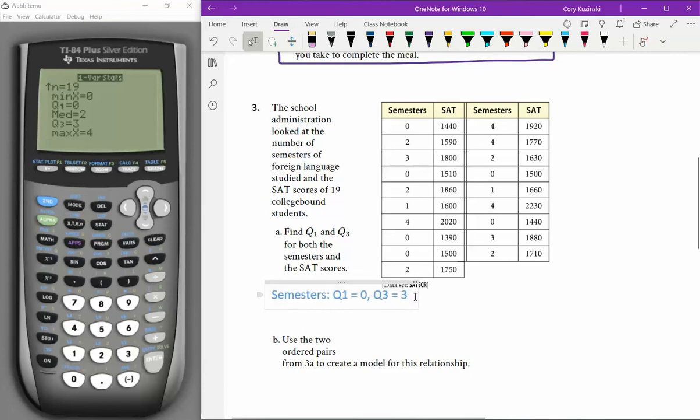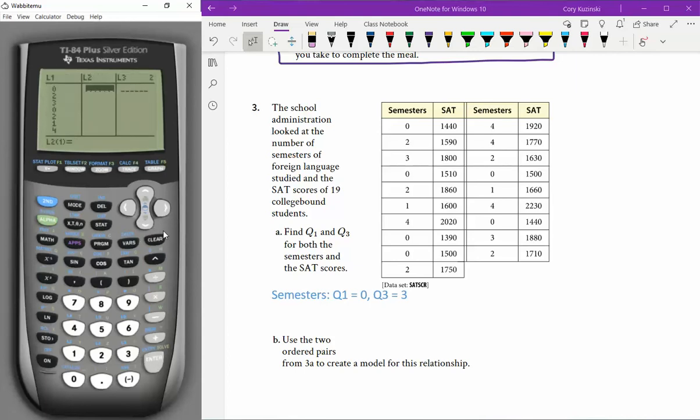All right. What about SAT scores? This will take us just a little bit longer. Let's go stat, over to edit, then over to list 2, and we'll put these SAT scores in: 1440, 1590. I probably should have had these pre-entered. You can fast forward while I'm doing this. You can do your own self-editing, or you could be doing it along with me. 1860, 1600, 2020.